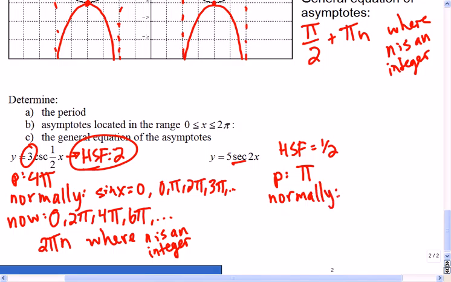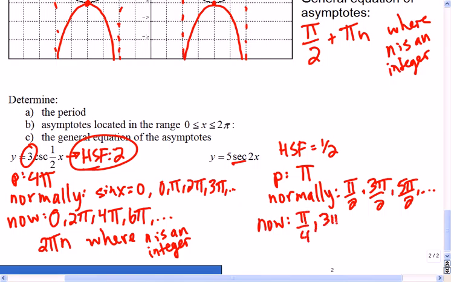So normally I would be looking for values like pi over 2, 3 pi over 2, 5 pi over 2, and it would keep going. Now if I half them all, I'd be looking at pi over 4, 3 pi over 4, 5 pi over 4. So how much is the pattern jumping by each time?